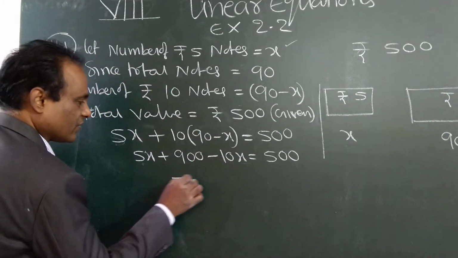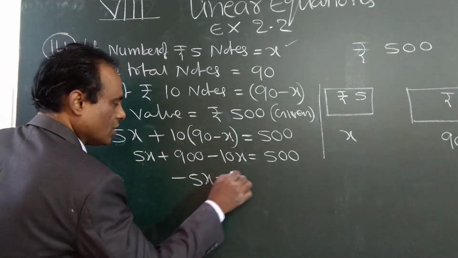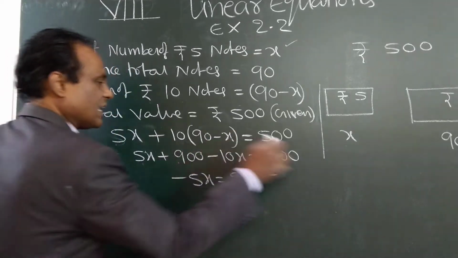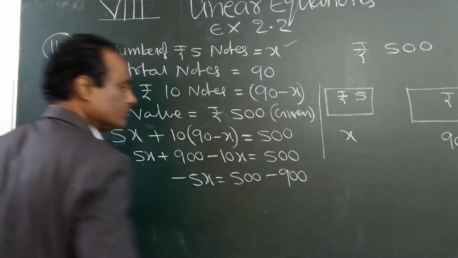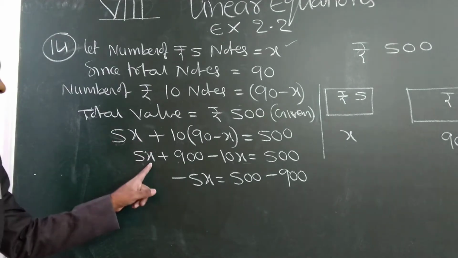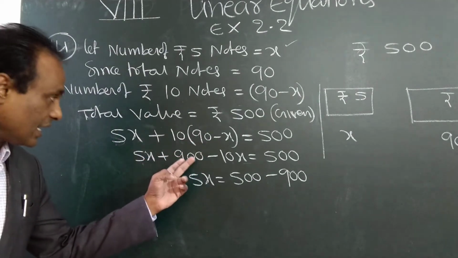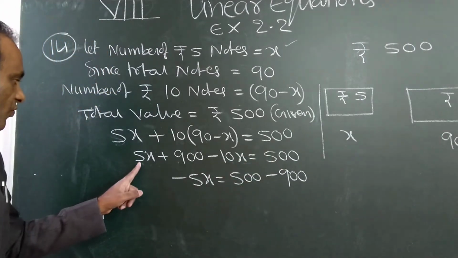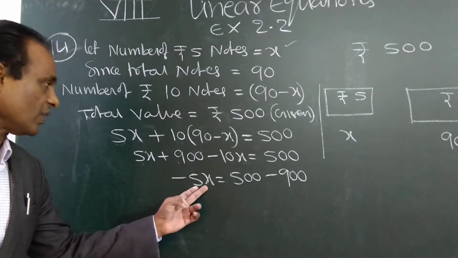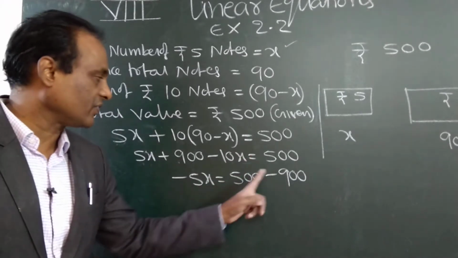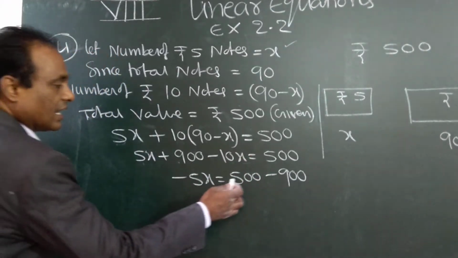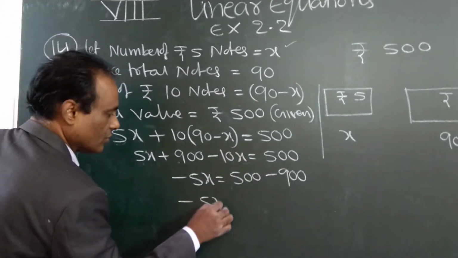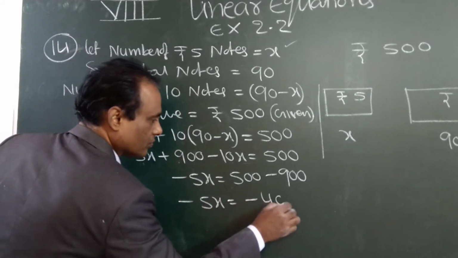5x minus 10x is minus 5x, is equal to 500 minus 900. See, 5x plus 10 into 90 is 900, and 10 into x is 10x, is equal to 500. 5 minus 10 is minus 5x. Taking 900 to the right side, minus 900. 500 minus 900 is minus 400.